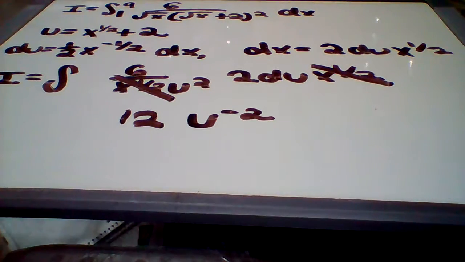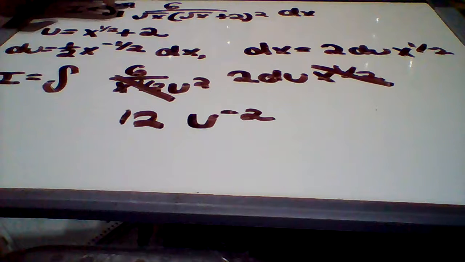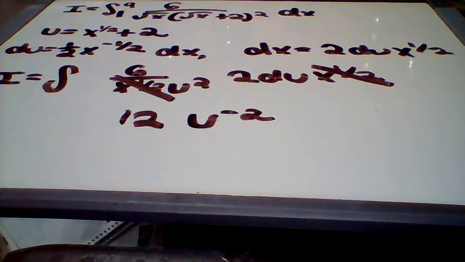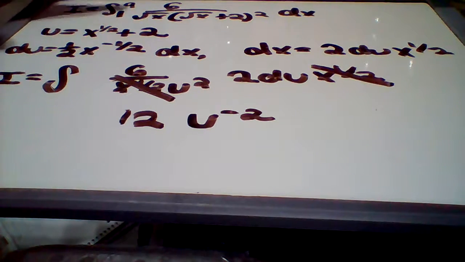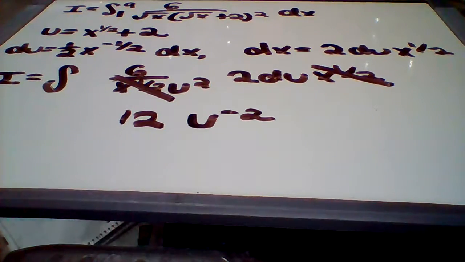For an indefinite integral, you wouldn't have these limits here, but in this case, because this is a definite problem, I'm going to have to change my limits to match. So I'm going to plug in 1 and 9 into u and solve for my new limits. The square root of 1 plus 2 equals 3, because the square root of 1 is just 1.